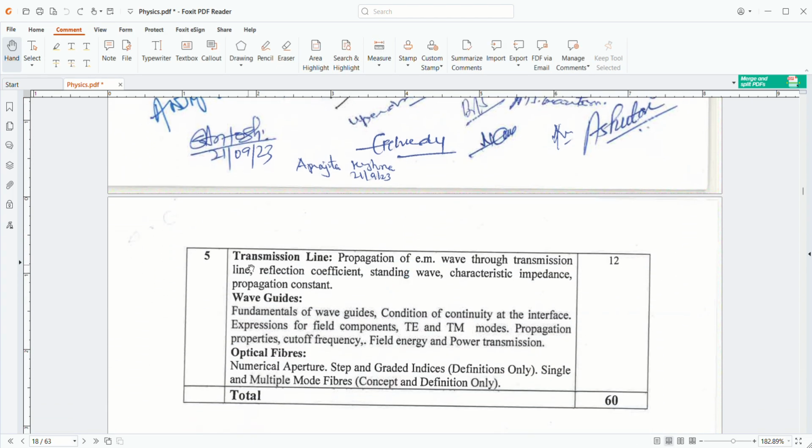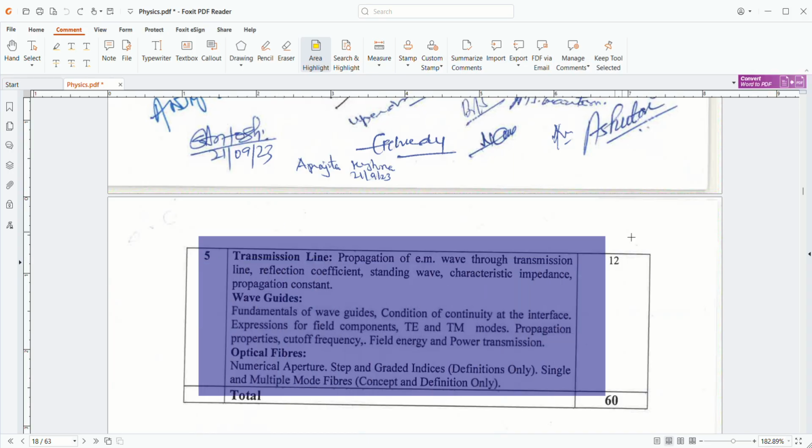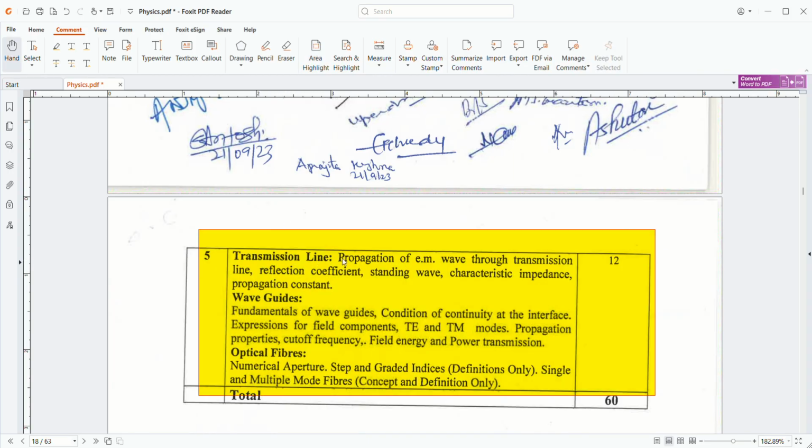So chapter 5: transmission lines, propagation of EM waves. Highlight this area, all are highlighted. Propagation of EM waves through a transmission line, reflection coefficient, standing wave, characteristic impedance, propagation in a waveguide, fundamentals of waveguides, conditions of continuity at the interface expressed for field components, TE and TM modes, applications of properties, cutoff frequency, field energy and power transmission, optical fiber.